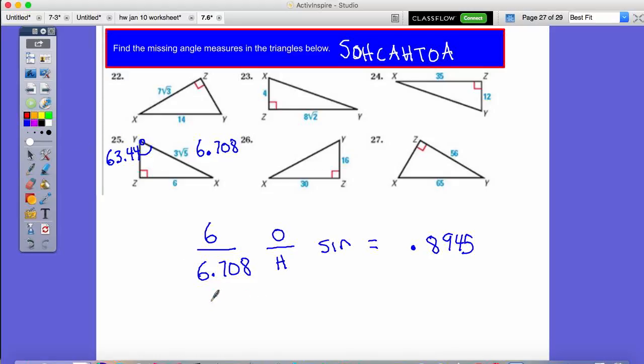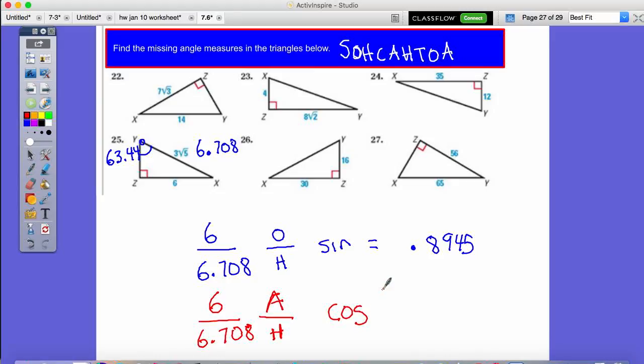now my 6 over the hypotenuse of 6.708, that's still my hypotenuse, but what was my opposite leg for angle y is the leg adjacent to angle x. So when I have adjacent and hypotenuse, I'm using cosine.